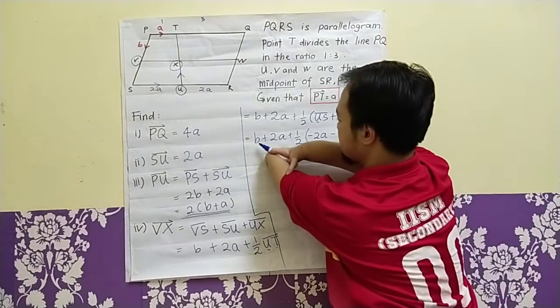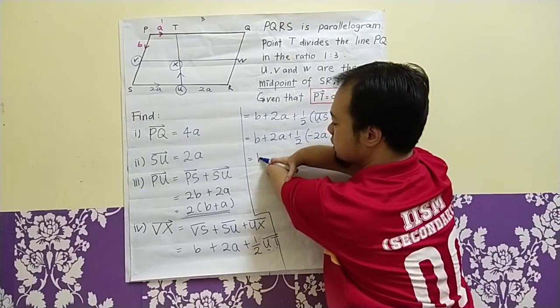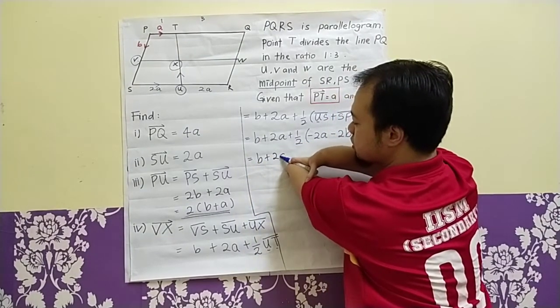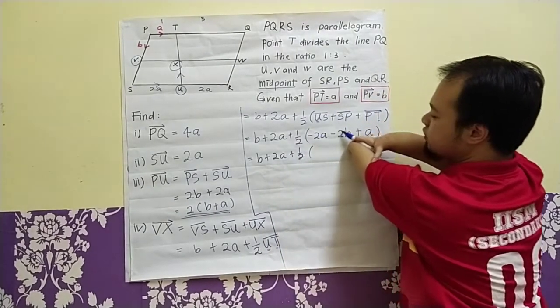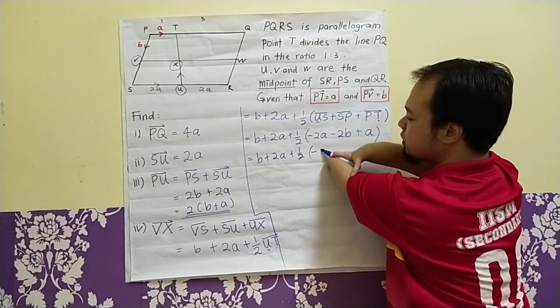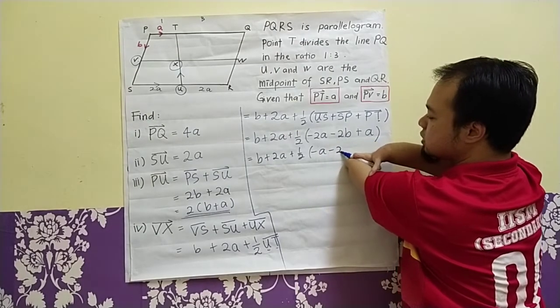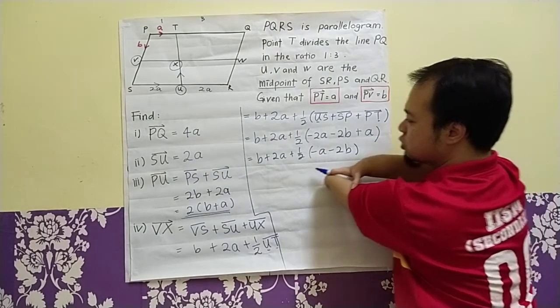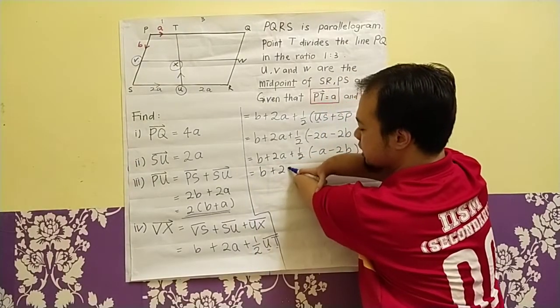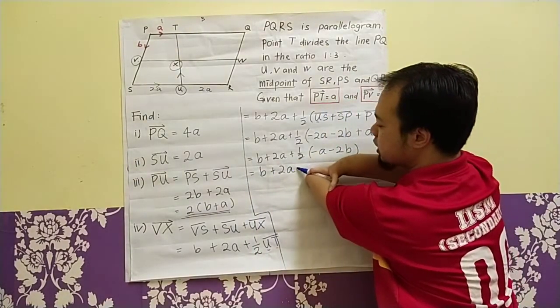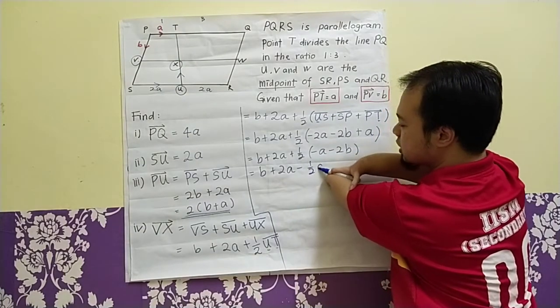Then simplify. So b plus 2a plus half in bracket, negative 2a plus a is negative a, then minus 2b. So this is equal to b plus 2a. When you expand the bracket, you get minus half a.